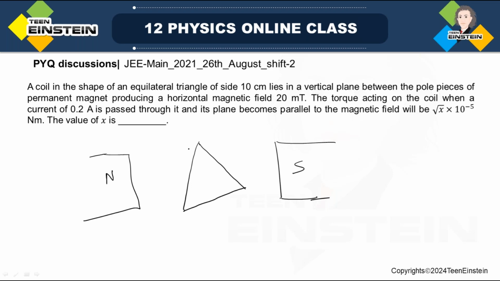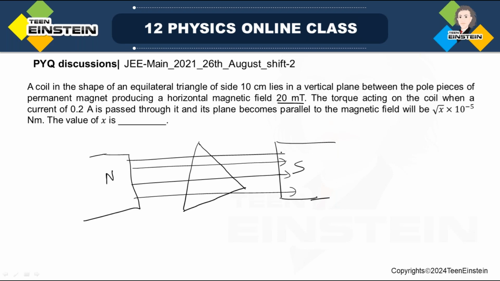These pole pieces are producing a horizontal magnetic field of 20 millitesla. Okay, so like this. This B is 20 millitesla. All right. The torque acting on the coil when a current is passed through it.